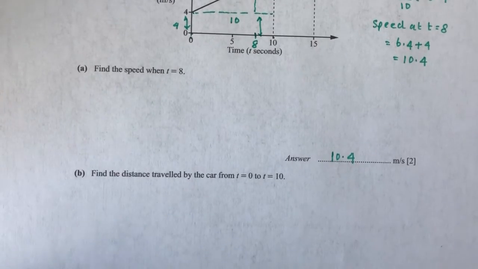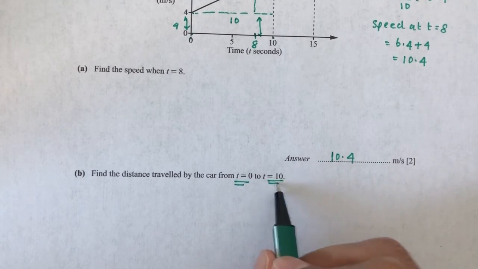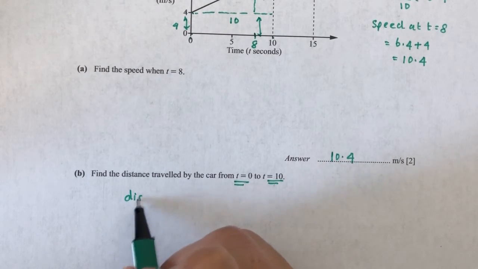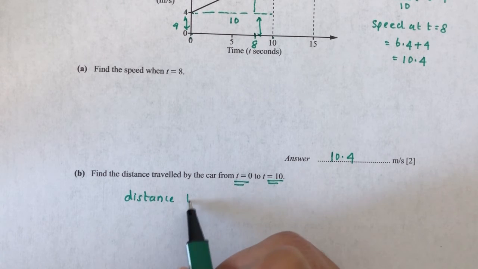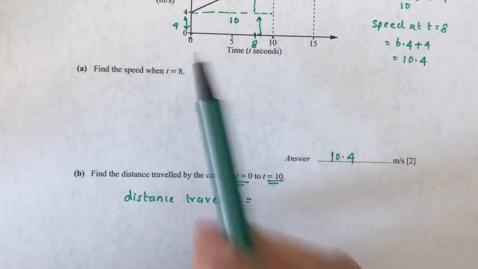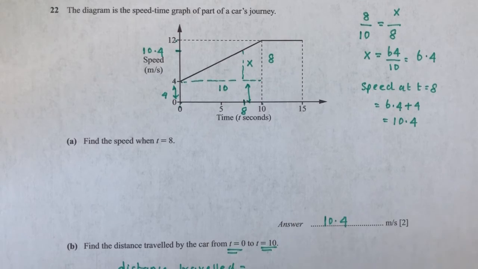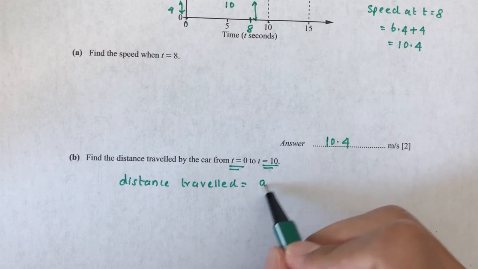So now part B, find the distance traveled by the car from time 0 to time 10. So distance traveled. When you have a speed time graph, the distance traveled is always equal to the area under the graph.